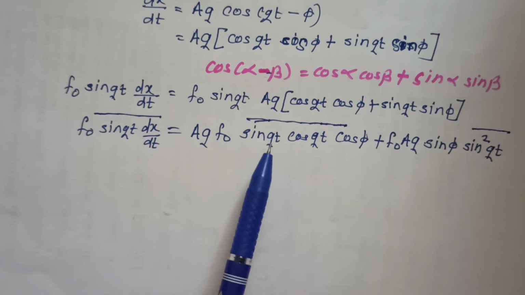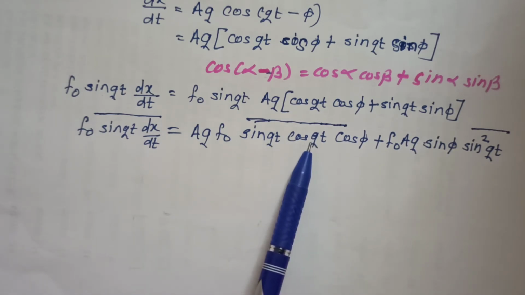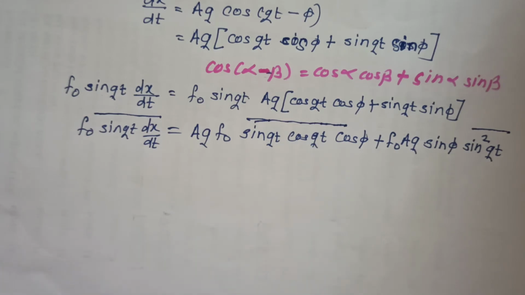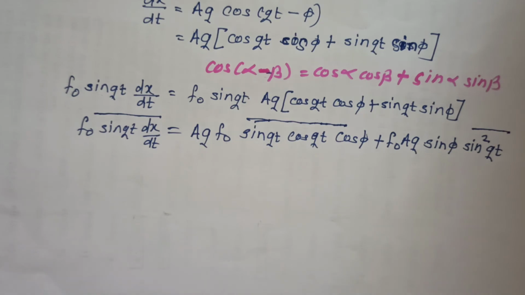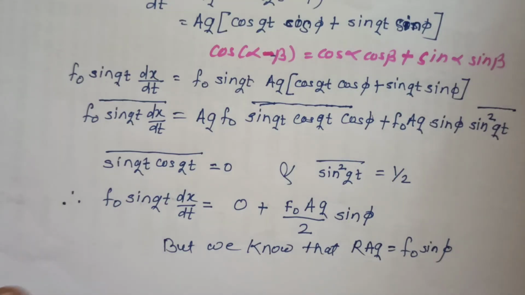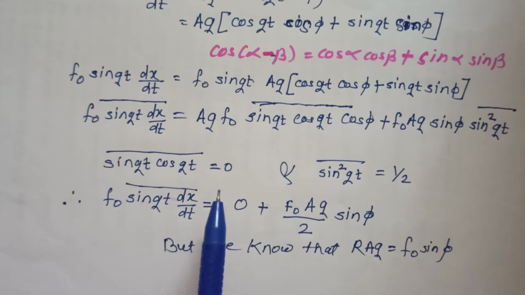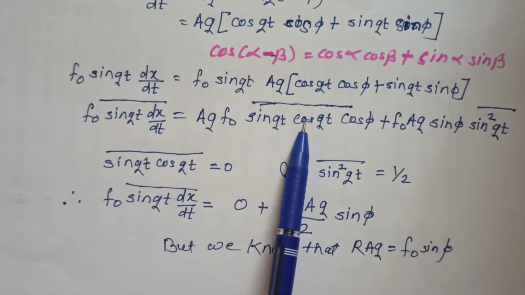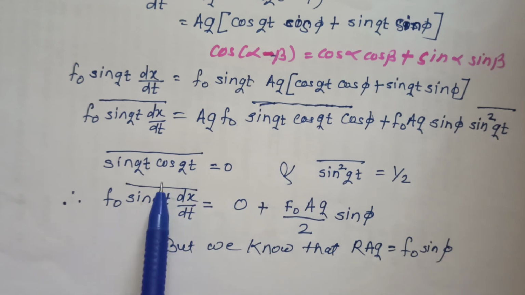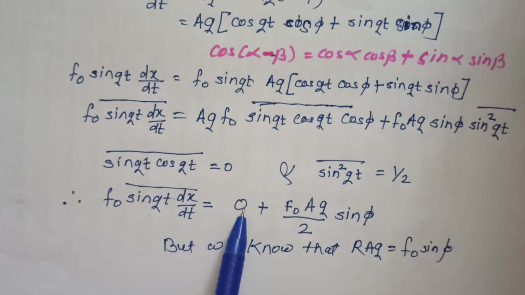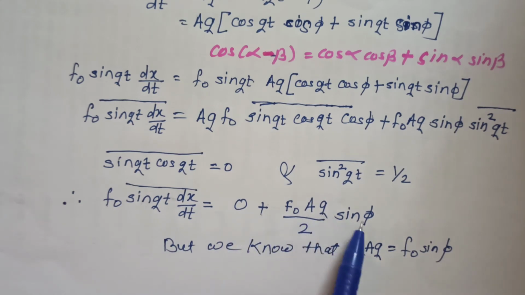The average value of sin qt cos qt is 0, and the average value of sin² qt is half. Putting these values, the average of F0 sin qt dx/dt is 0 plus F0 aq sin φ times 1/2.